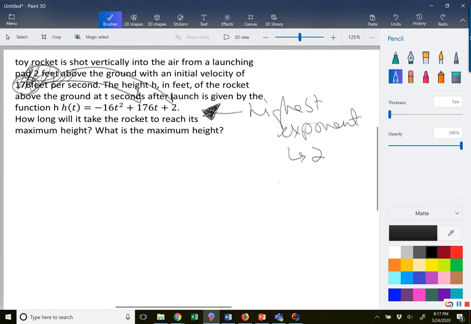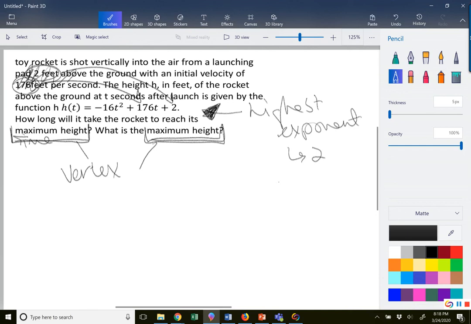So when it asks for the maximum height and the time to get to the maximum height, all it's doing is asking for the vertex. What is that maximum value?